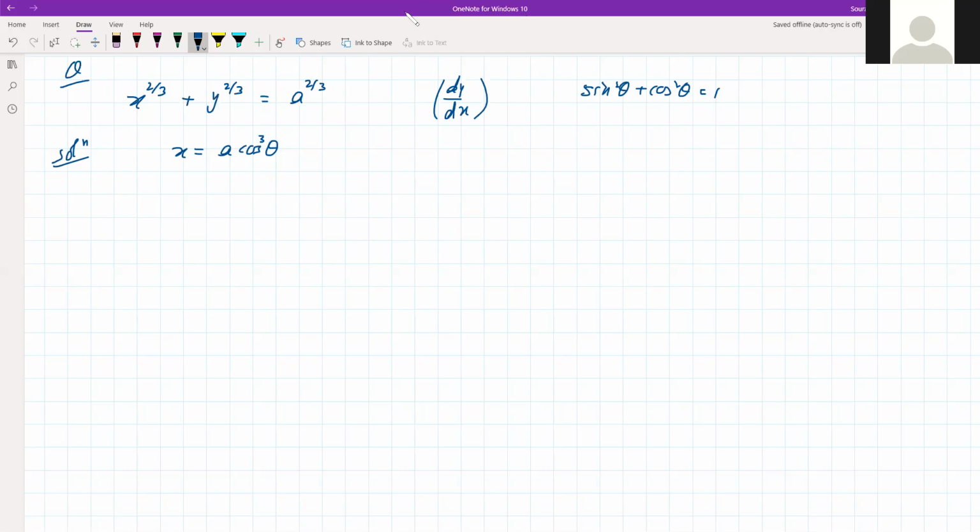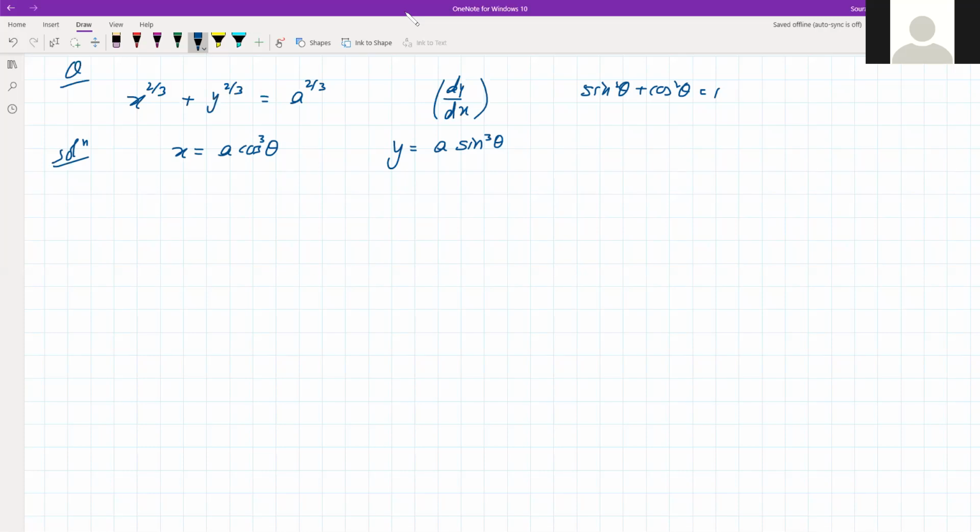So same way, our second substitution will be y is equal to a sine cube theta. So the two substitutions which you are seeing here are x is equal to a cos cube theta and y is equal to a sine cube theta. And now we have something in the form of parametric equation, that is parametric form, that is x a function of theta, y a function of theta, x and y are related, right?